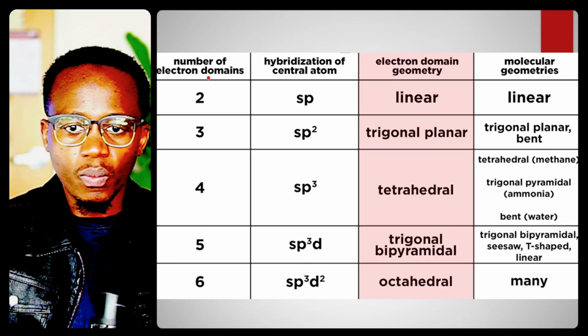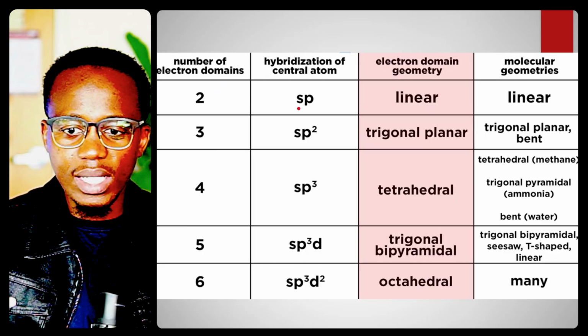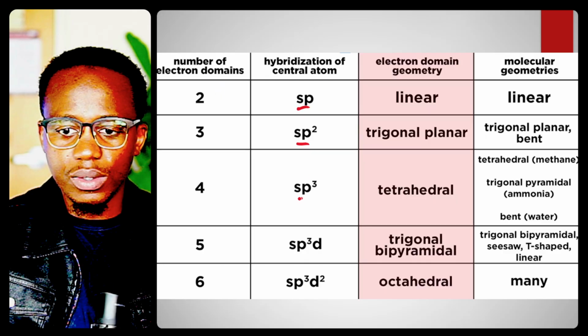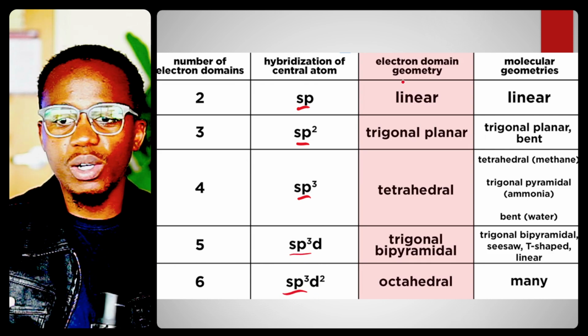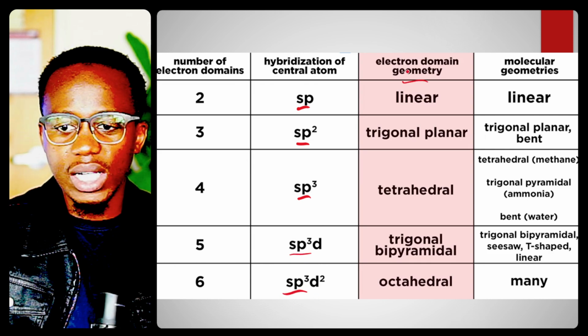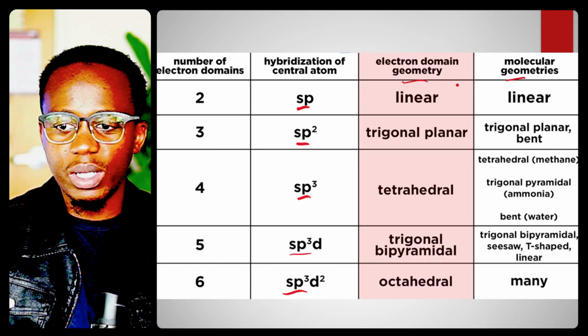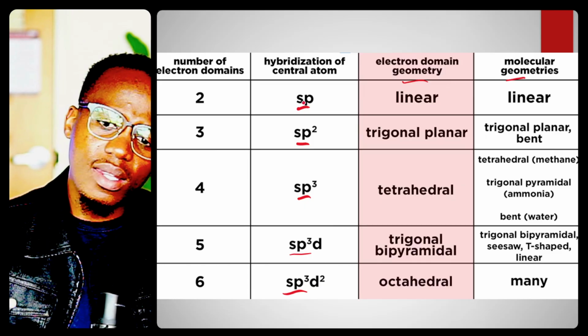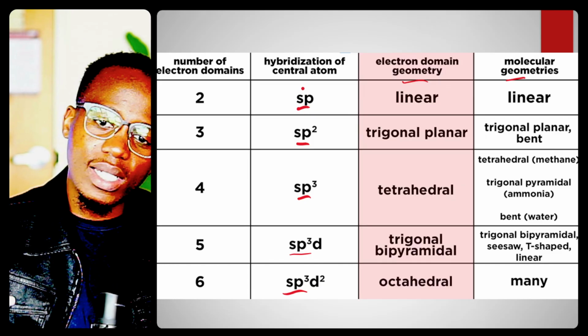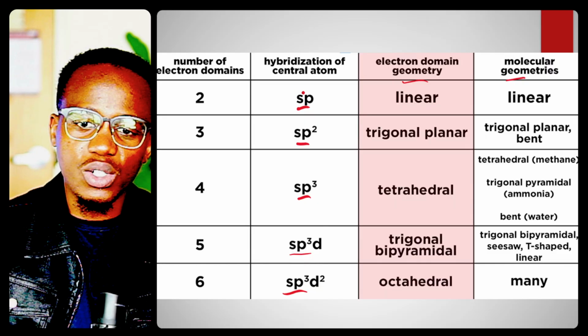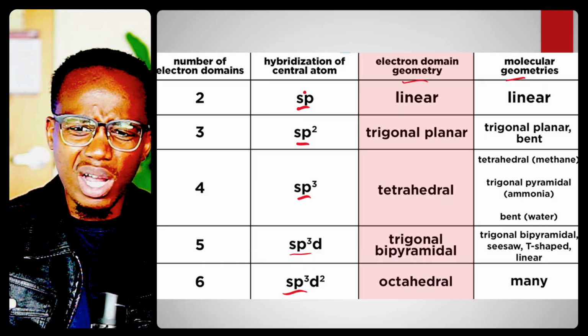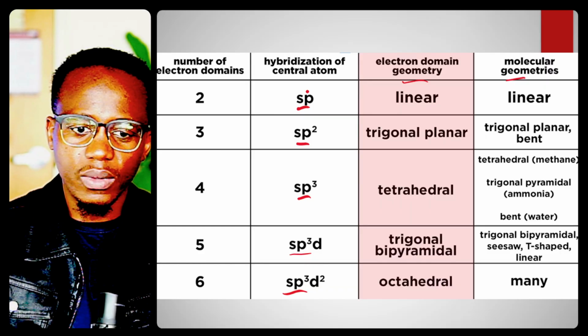These are different types of orbitals, and from the orbitals we're going to get the electron geometry and the molecular geometry. But look at this. Think of orbitals as just things bound to the central atom.